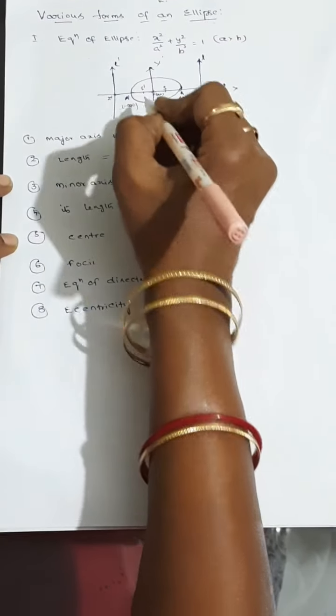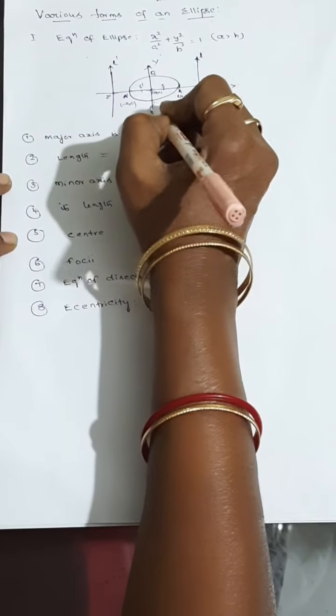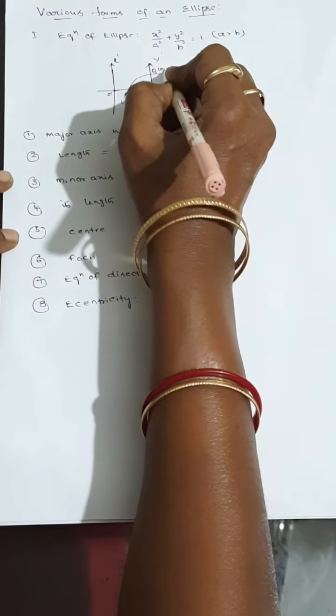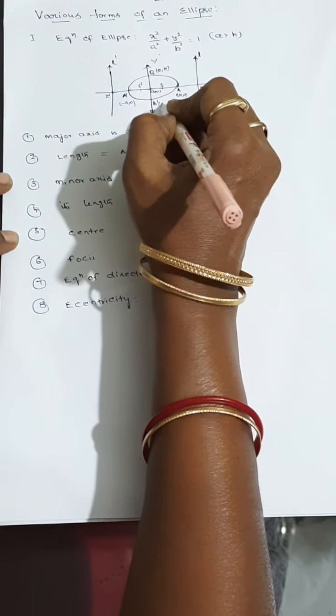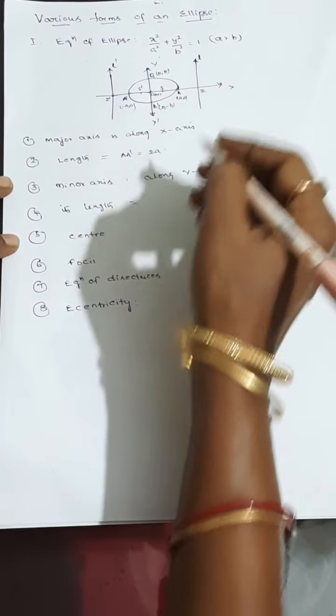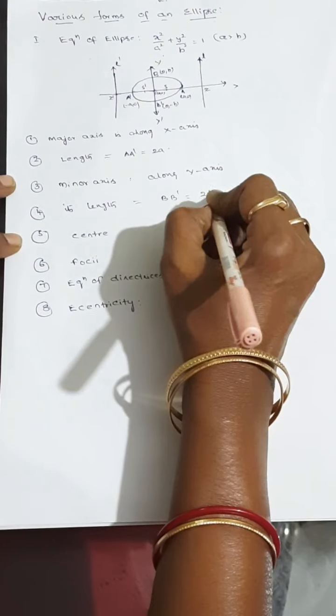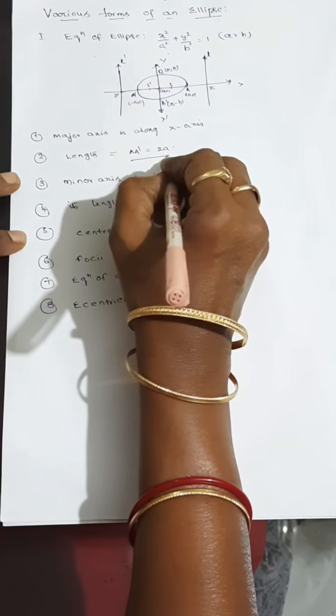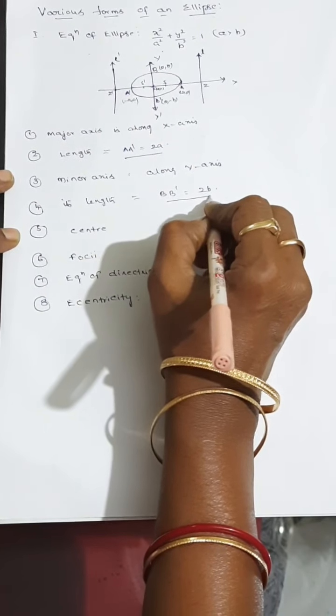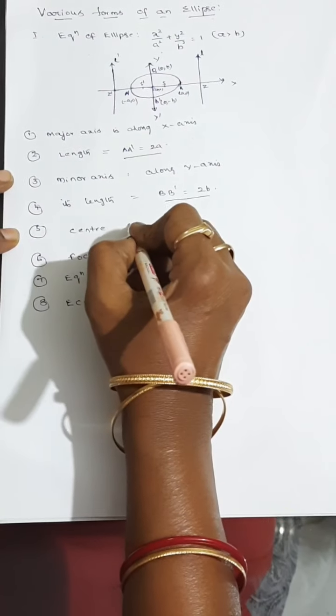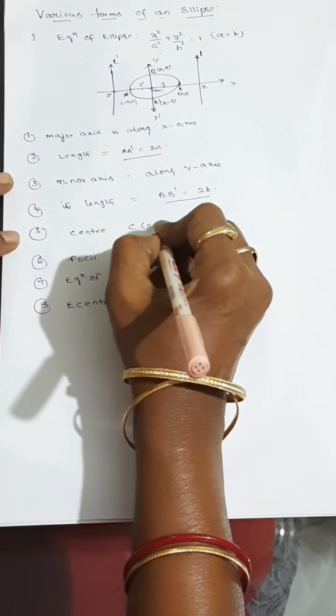Its length is B B dash, whose coordinates are (0, b) and (0, minus b). Its length B B dash is equal to 2b. So the length of the major axis is 2a and the length of the minor axis is 2b, and its center is C (0, 0).